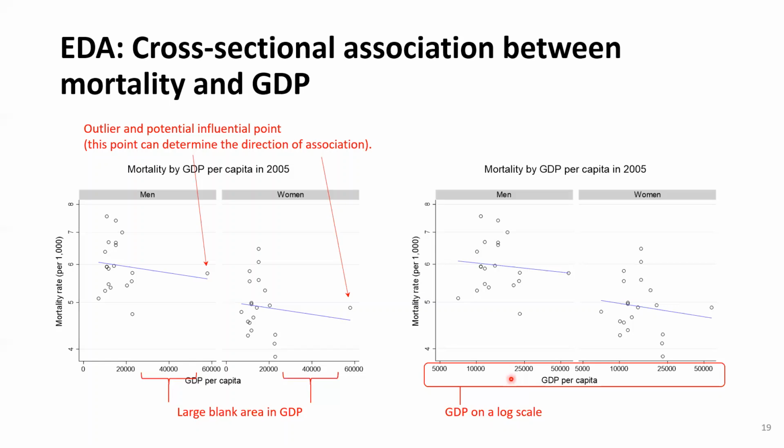By doing this, the distance between this point and this cluster of cities becomes much closer, so the influence of these previous outliers becomes less. At the same time, we have smaller space between this cloud and this point. So by observing this, we decide to use GDP after log transformation instead of using GDP as it is.